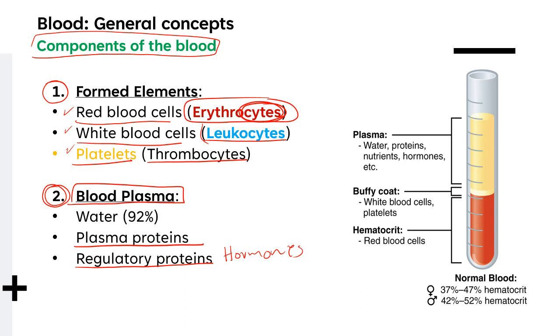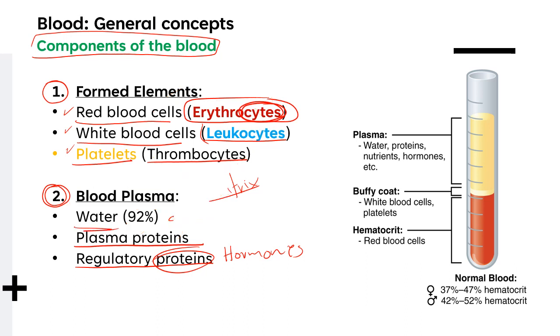The rest, everything else that is not a protein, that is not a fiber, that is not a cell, is called matrix. And you should know that the matrix is essentially the blood plasma without the proteins. And about 90% of the blood plasma is made by water.